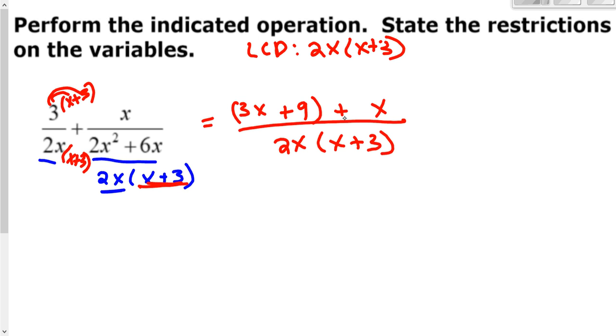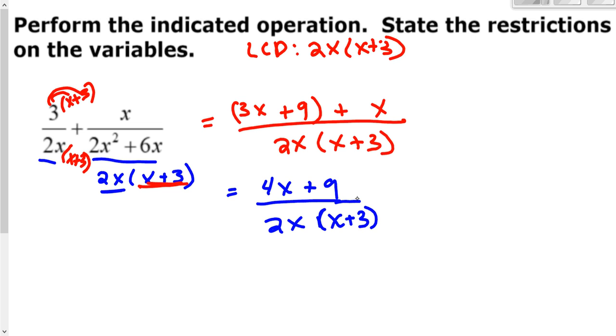Now we have a plus sign here, so no sign changing. I can just combine like terms in my numerator. 3x and x make 4x plus 9 over 2x times the quantity x plus 3.